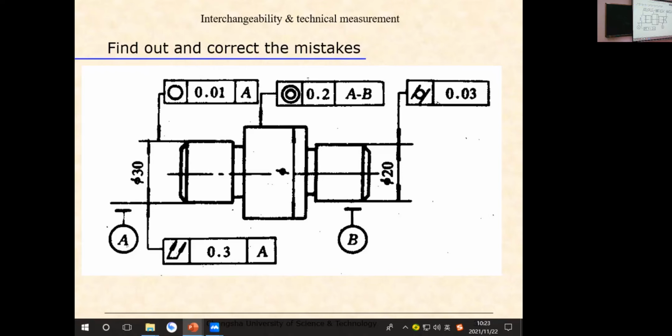So, okay. This one, you think that's so good, okay?